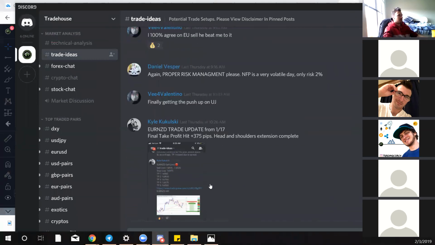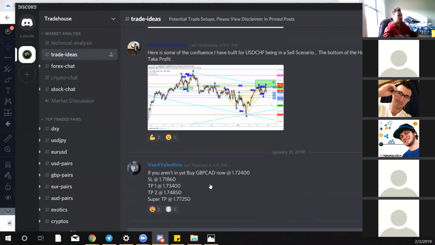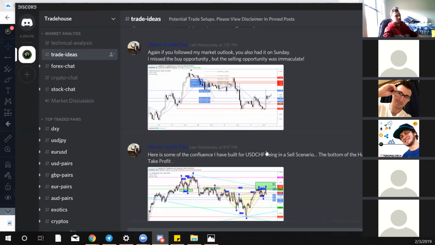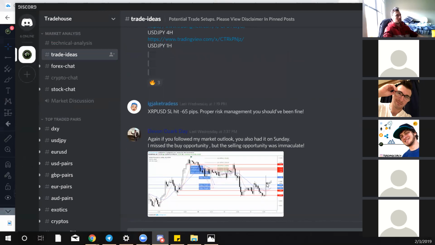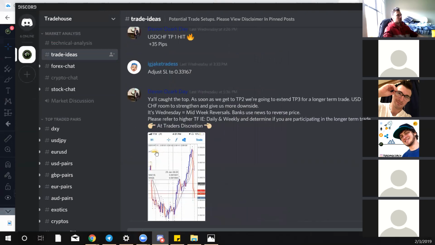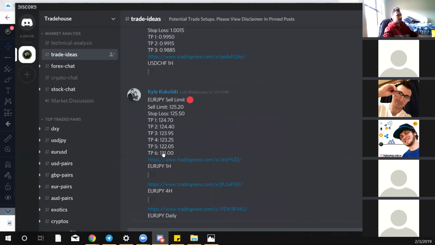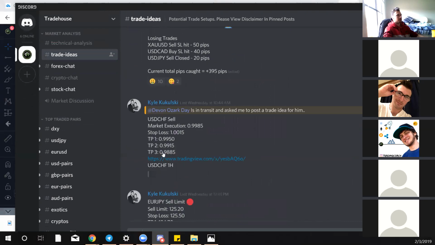Kyle actually called it for me, I think, when I asked him to. Here's another scenario when I was looking at it from a different perspective, where the harmonics were overlaying. And this is where we had the entry. That was the 85 level. Let's go back up here really quick. Okay, so yes, 99.85. That's where we entered, and we're continuously holding.